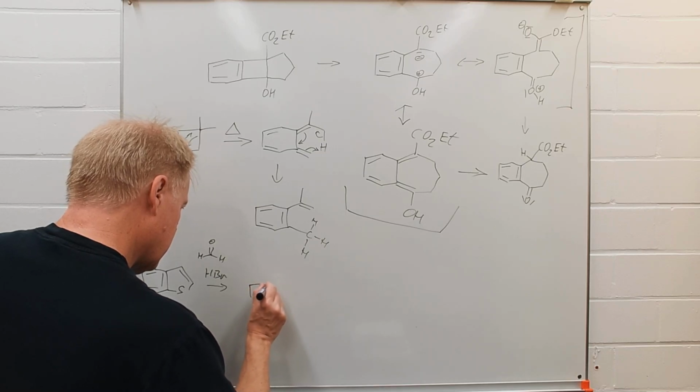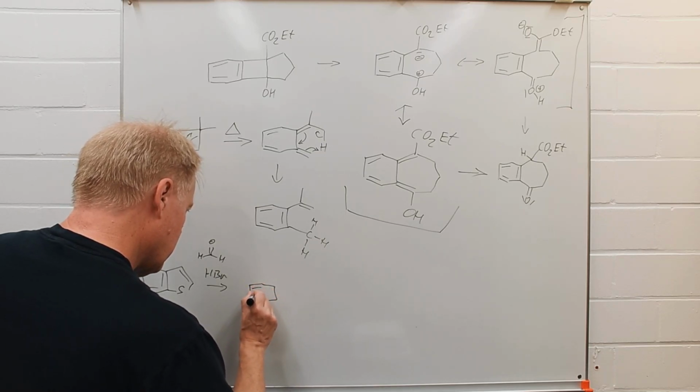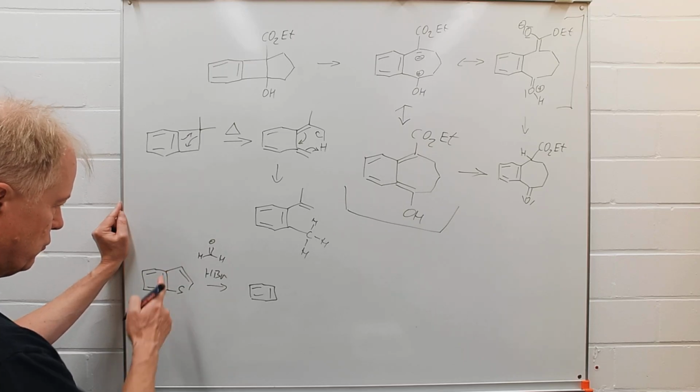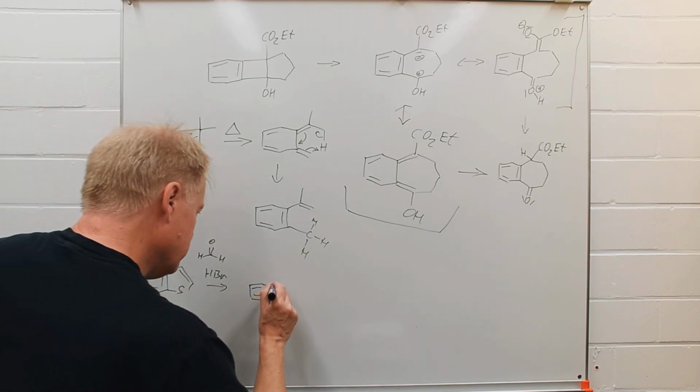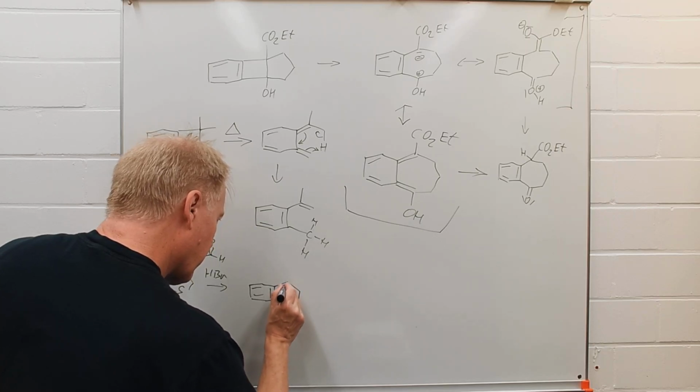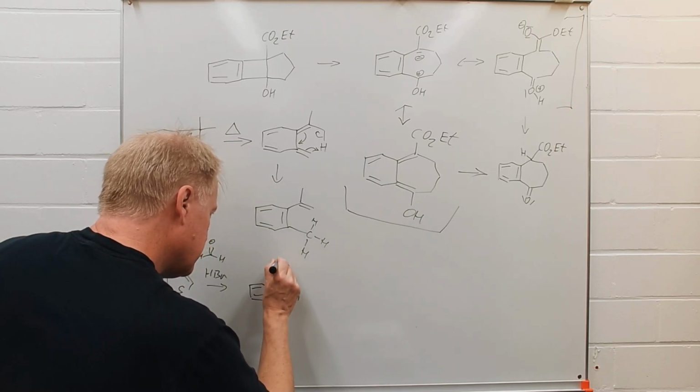Then a bromomethylation can take place at the heteroaromatic system. And this can take place twice.